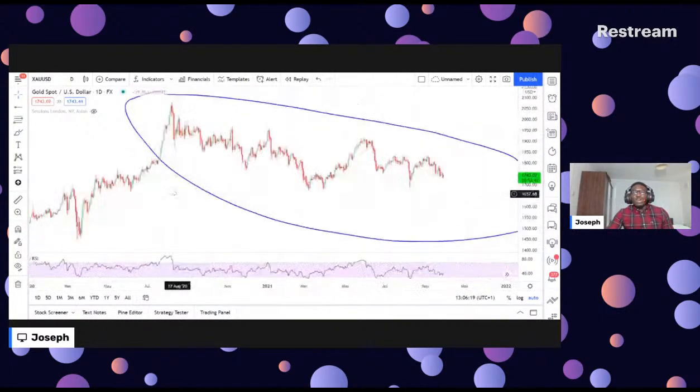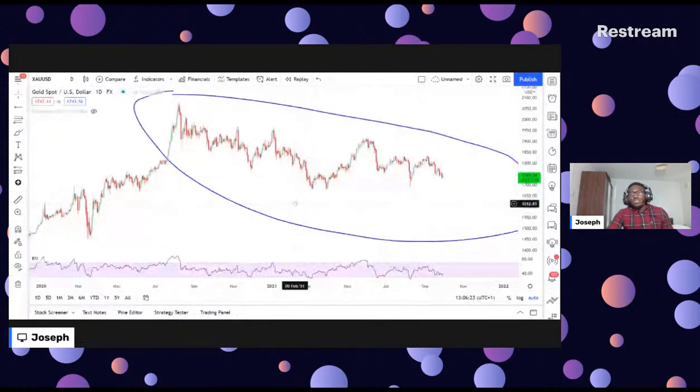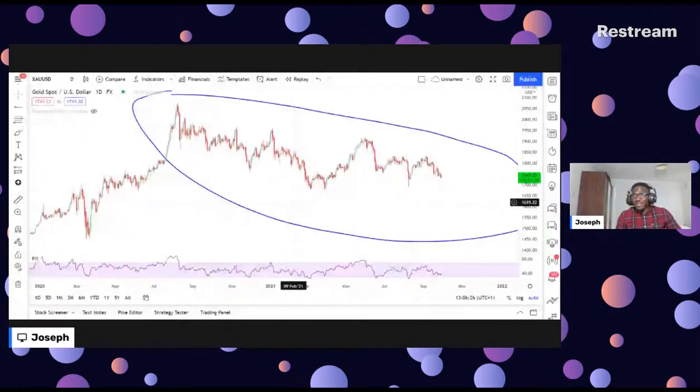It's almost impossible to know when a corrective pattern is going to end, because as I mentioned a few minutes ago, in wave analysis there are at least 10 different corrective patterns the market can make, so it can be any one of those.